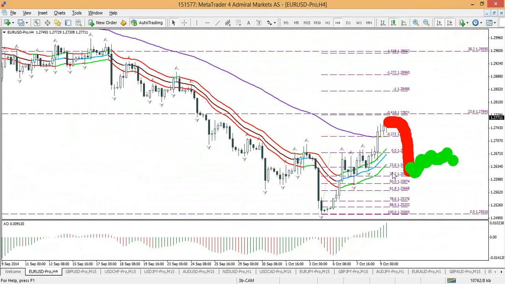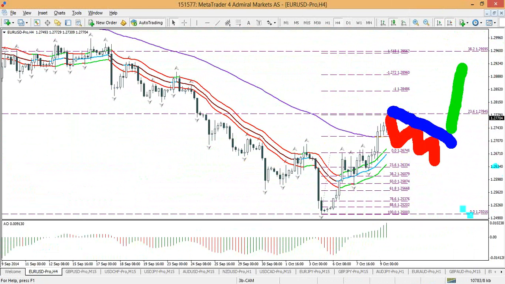my analysis. If we make more of a bear flag like this and then start to break, then we are probably heading up to the 38.2 fib.